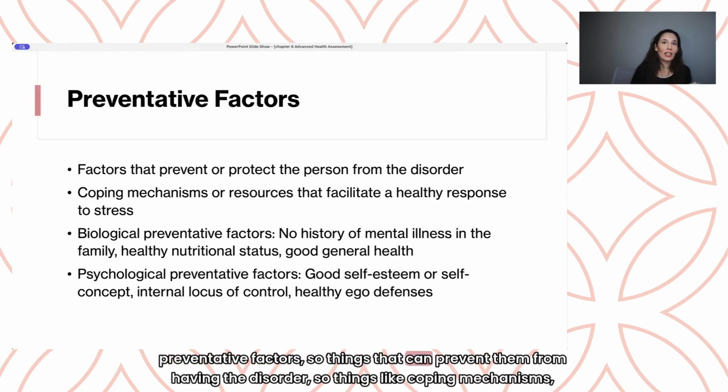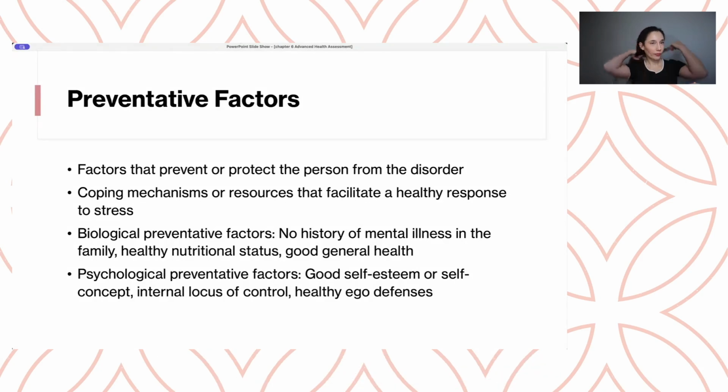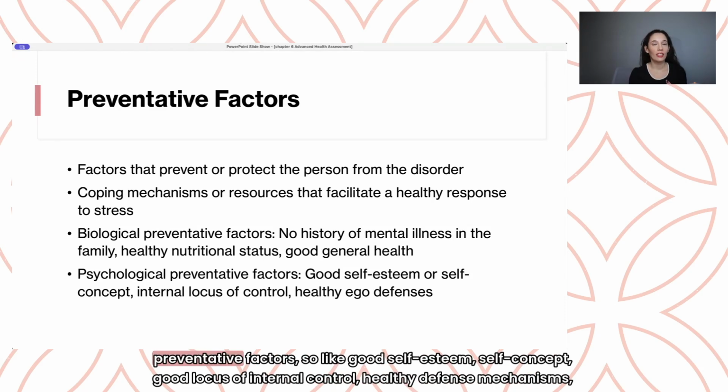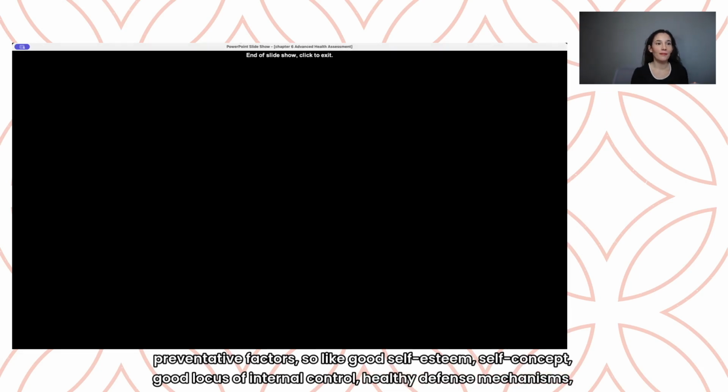Preventative factors are things that can prevent them from having the disorder, like coping mechanisms, biological factors, maybe they have no family history of mental illness, maybe they have psychological preventative factors, like good self-esteem, self-concept, good internal locus of control, and healthy defense mechanisms.